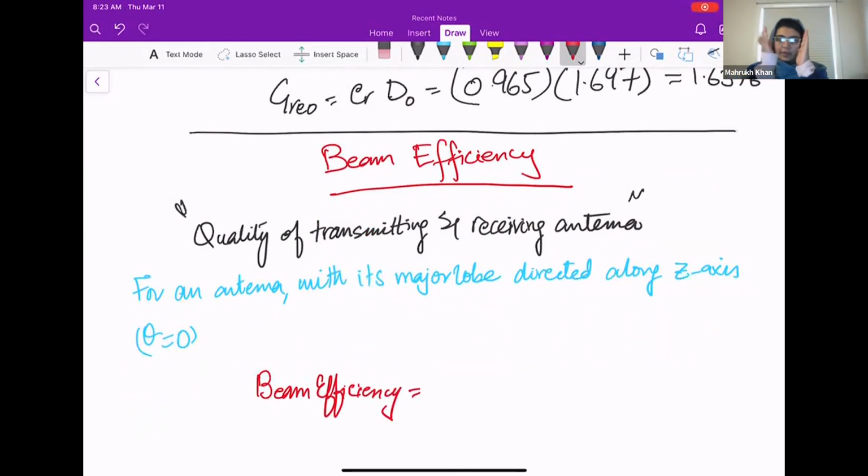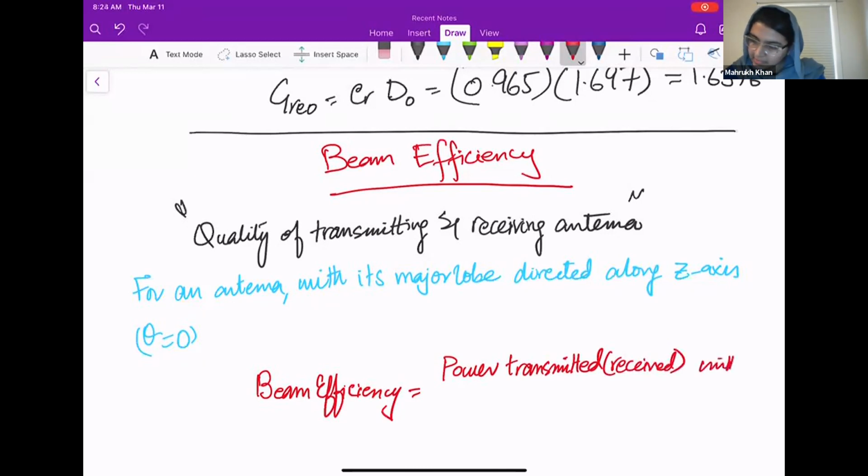so we are talking about the power that is contained in the major lobe, okay, divided by the total power. So we are saying that it is power transmitted or received within cone angle theta 1.